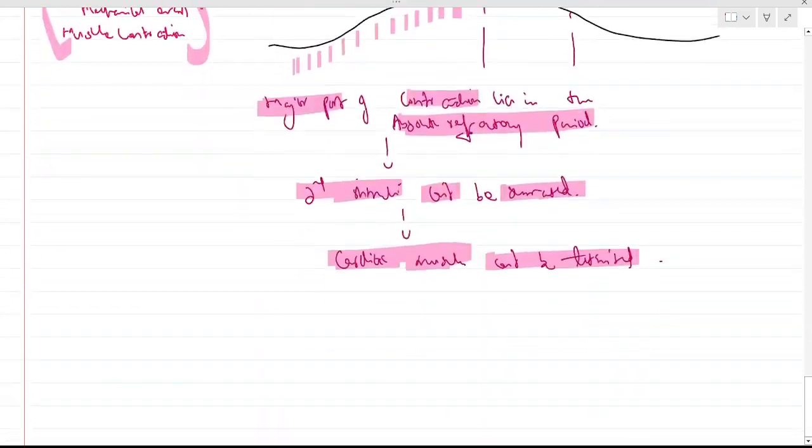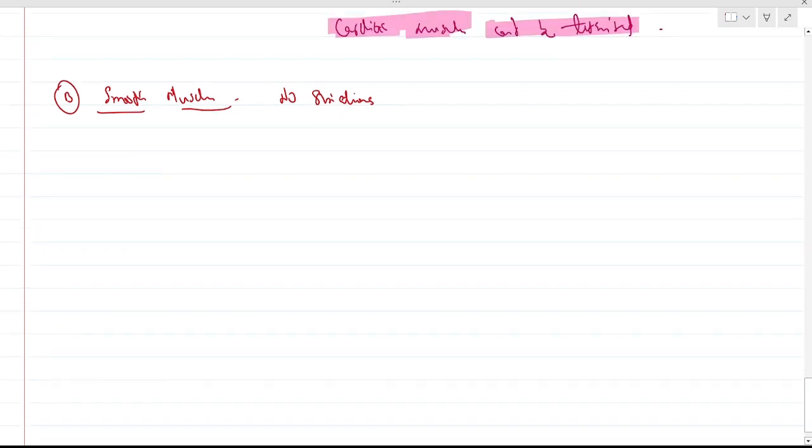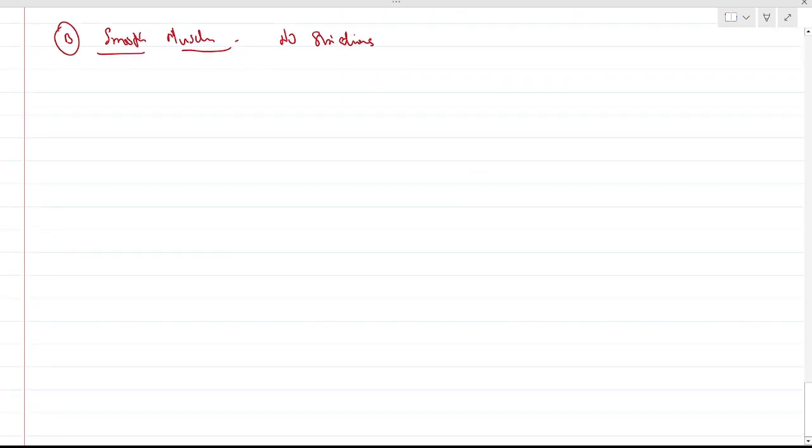Okay, moving on to our smooth muscles. The second discussion is our smooth muscles. In smooth muscles, some features we'll see: there are no striations, and the contraction is involuntary.